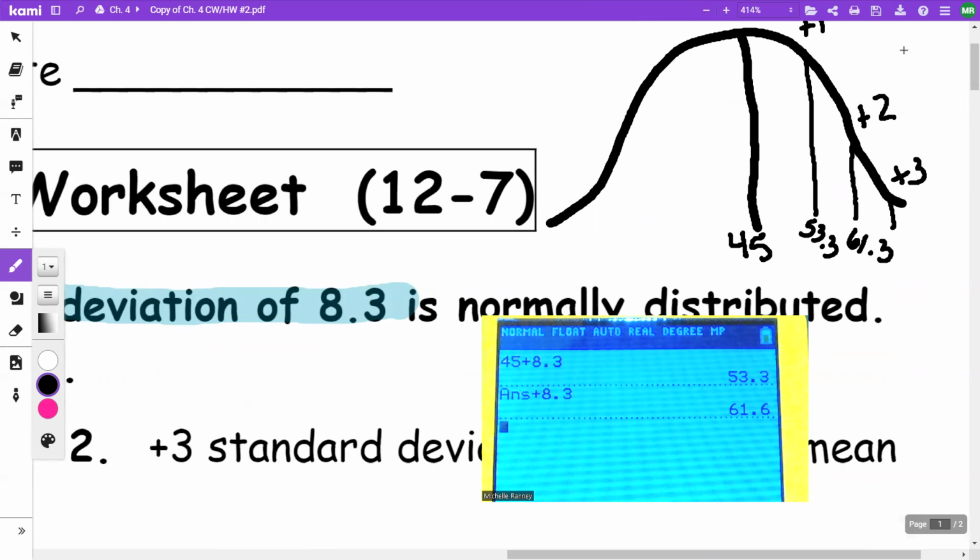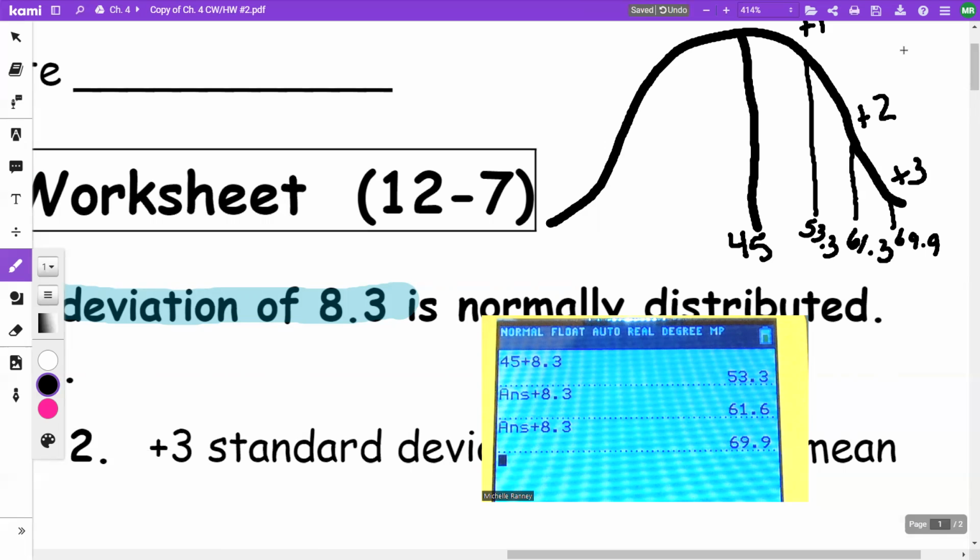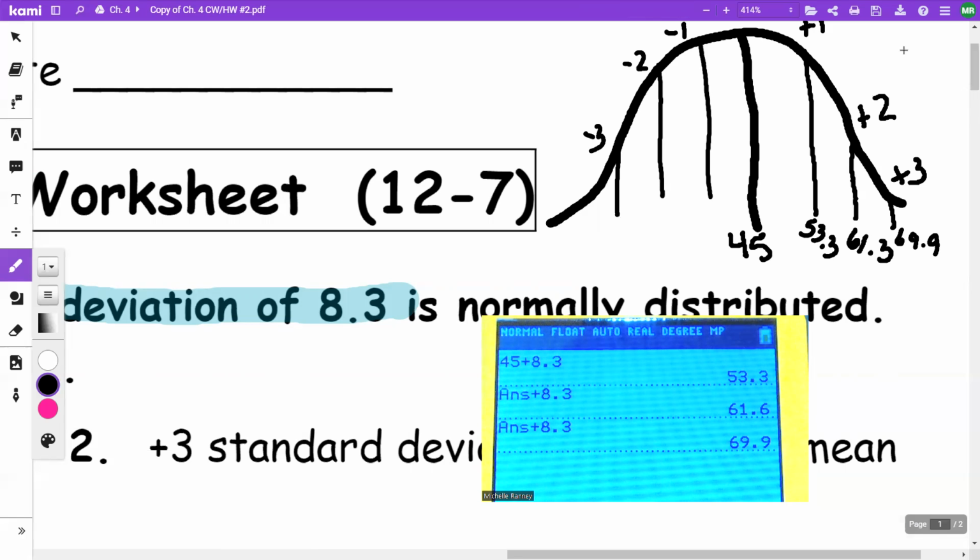And then if I add 8.3 again, I end up with 69.9.